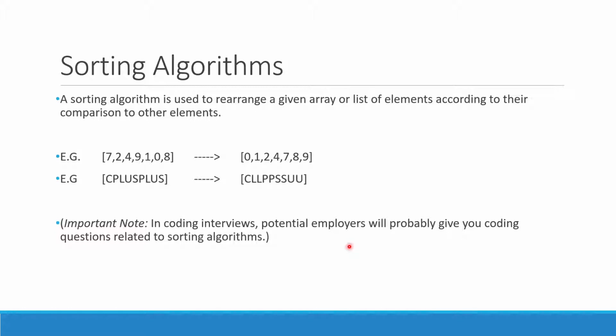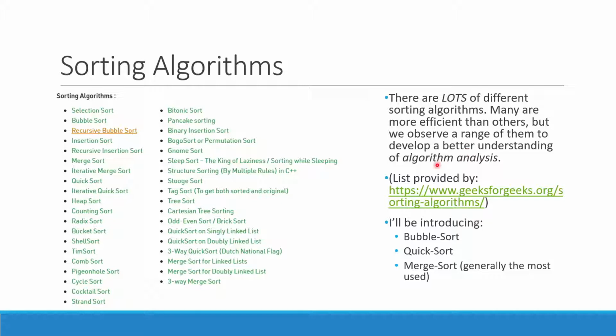Okay, so sorting algorithms. There's actually a lot of sorting algorithms out there. There's lots of different sorting algorithms, and all of them try to accomplish the exact same task, which is sorting an array of numbers in ascending or descending order. Okay.